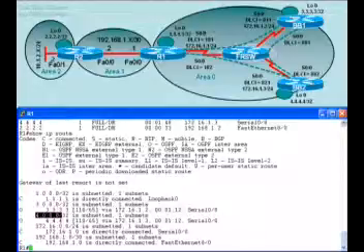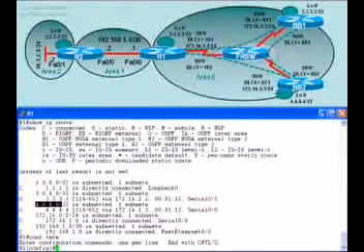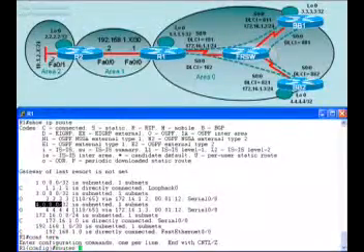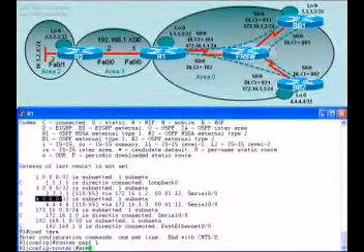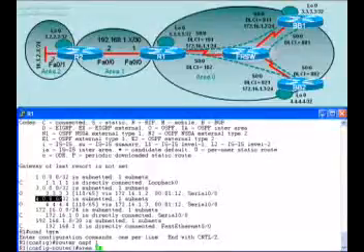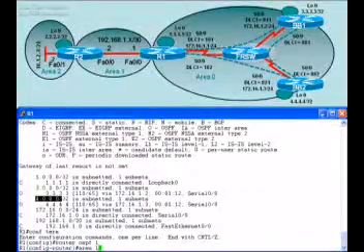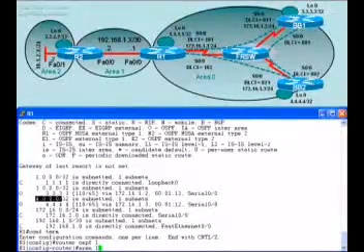Since we're already on R1, let's go into router configuration mode for OSPF process ID 1, and we'll say area. We'll give the area number that we need to transit to get to the other side of this virtual link. In our example, we need to transit Area 1.